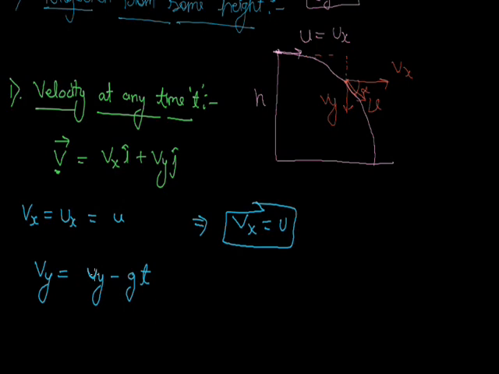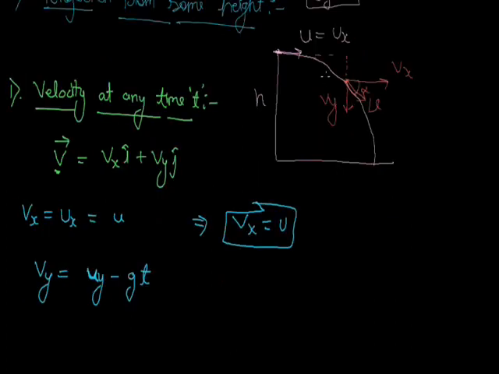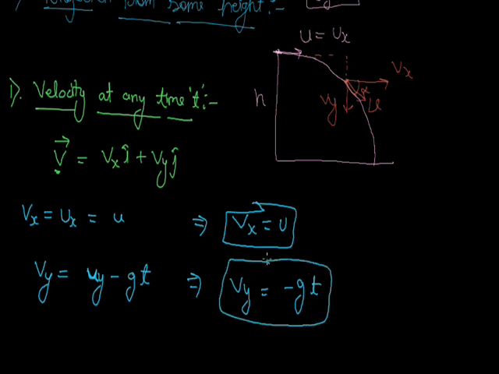Initially its vertical component is 0, so Uy is 0. So Vy is equal to minus g t. This is our second equation. Now put these two values Vx and Vy in the first equation.